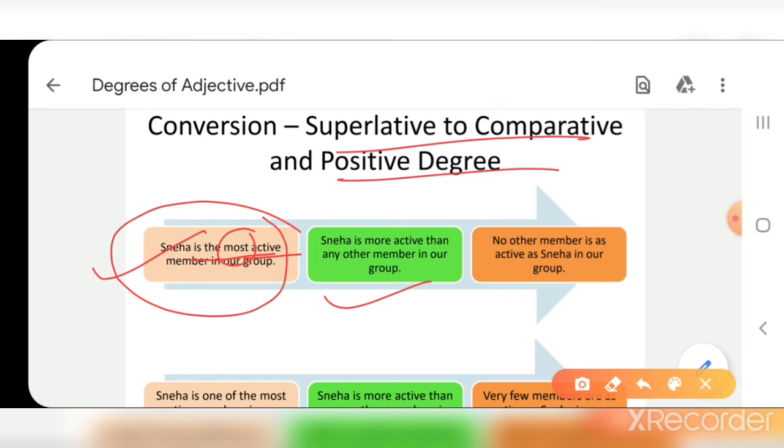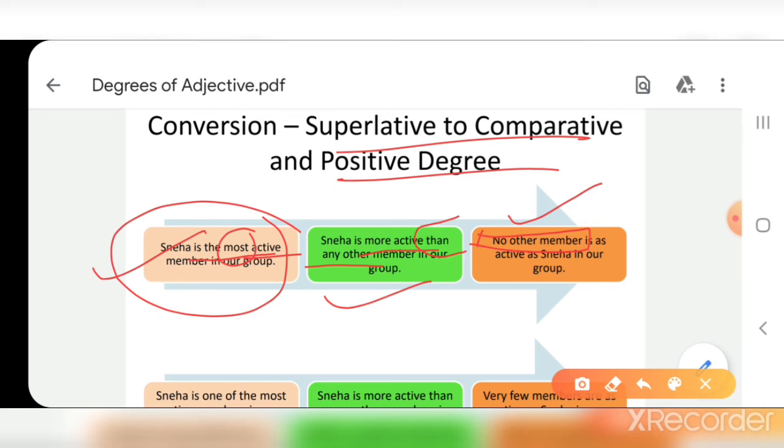If I have to convert it, then I will use here more active, more than adjective. That means comparative degree form, then than any other is compulsory to convert it. In positive degree, we have to use no other member, especially when there is a comparison between more than two persons and we show the highest level.